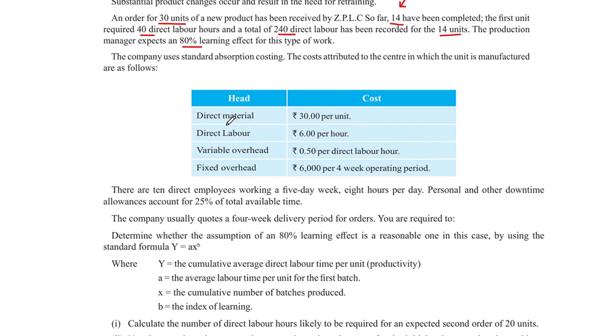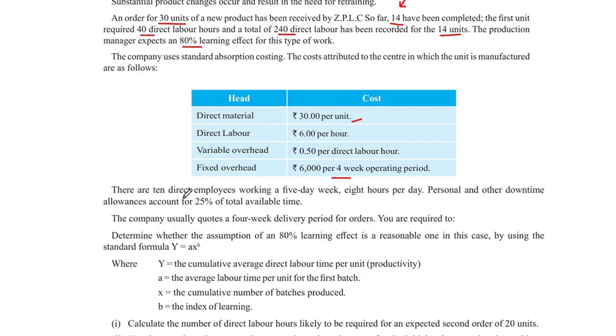So here manufacturing details are given. Direct material 30 per unit, direct labor 6 rupees per hour, variable overhead 50 paise per direct labor hour, fixed overhead 6,000 rupees per 4-week operating period.